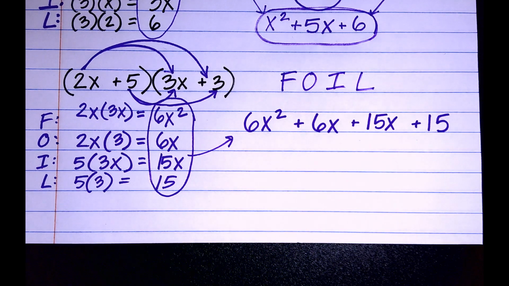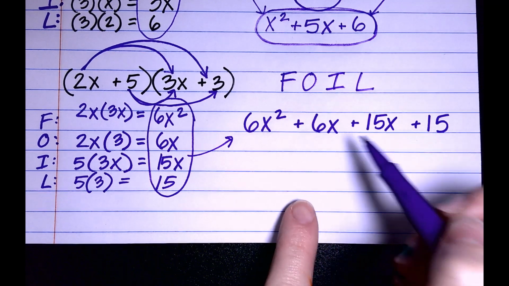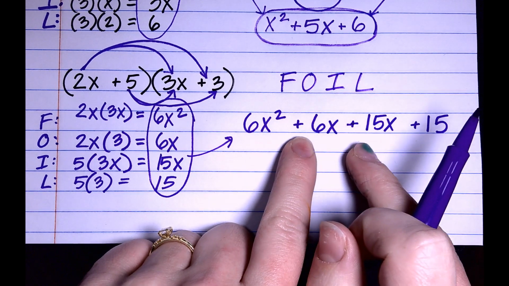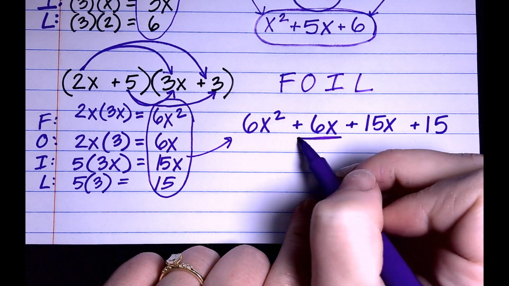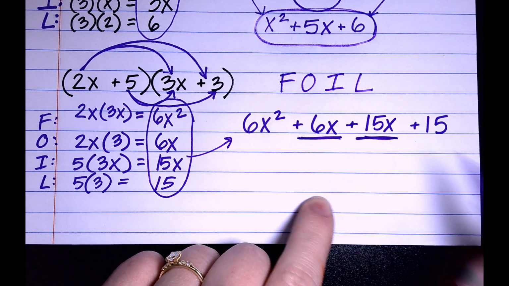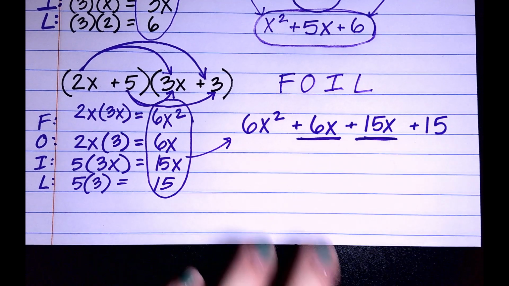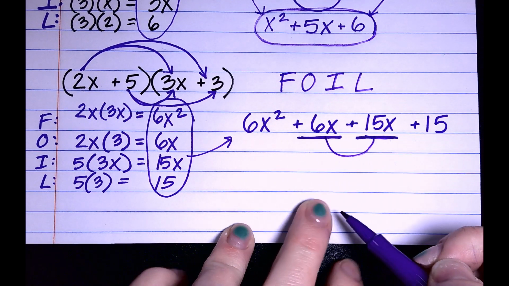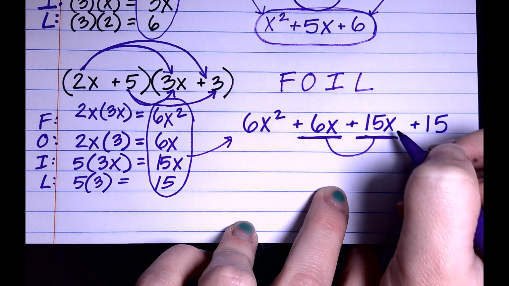Okay. So I have them all written out. What can I do next? We can combine our like terms. Which are the like terms here? 6x, 15x. Both of them have the same variable, x. So 6x plus 15x is 21x.